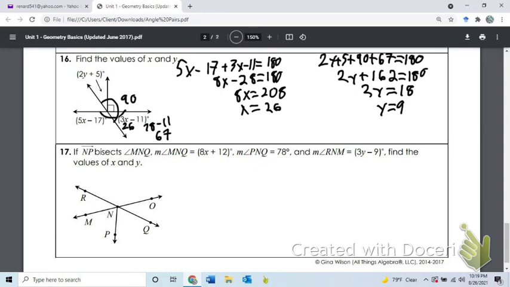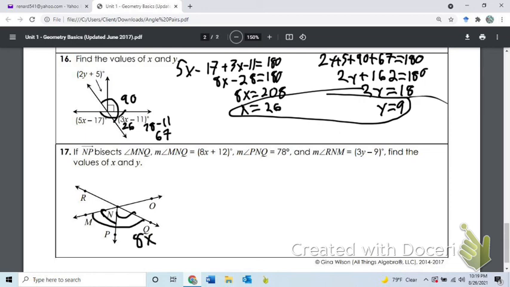Finally, on this one we have to do a little bit more work because they actually don't put any of the terms in the diagram. So we know that NP bisects MNQ. When it bisects, it creates 2 congruent angles. We know that MNQ, that whole angle, is 8x plus 12.